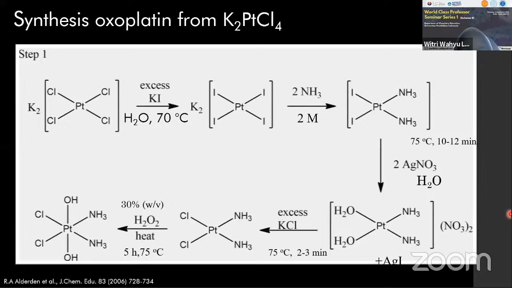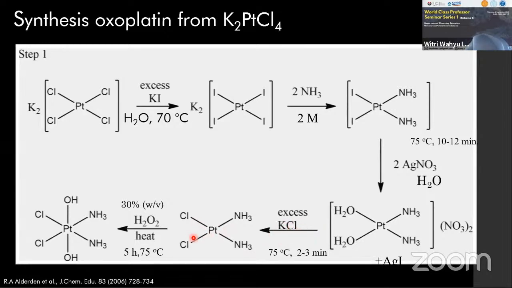We start from tetrachloroplatinate salt, and then we react it with potassium iodide in excess, and we will have tetraiodoplatinate. In the presence of ammonia, we will have two ammonia and two iodine here, and then after the addition of silver nitrate, and in the presence of water, the water will be replaced by potassium chloride to give cisplatin.